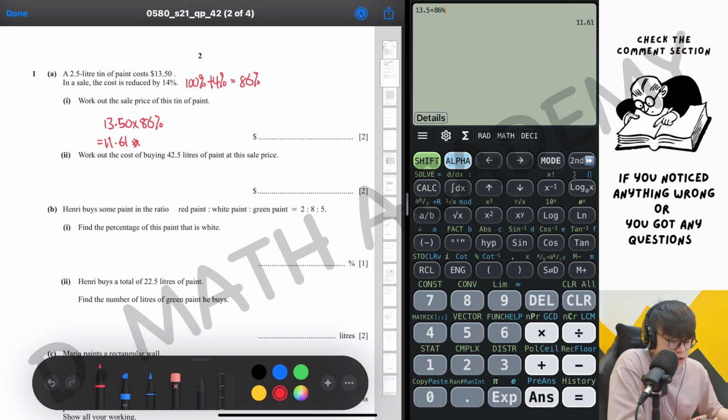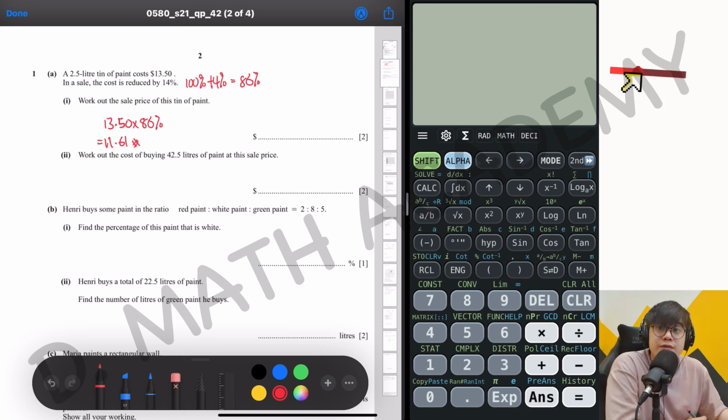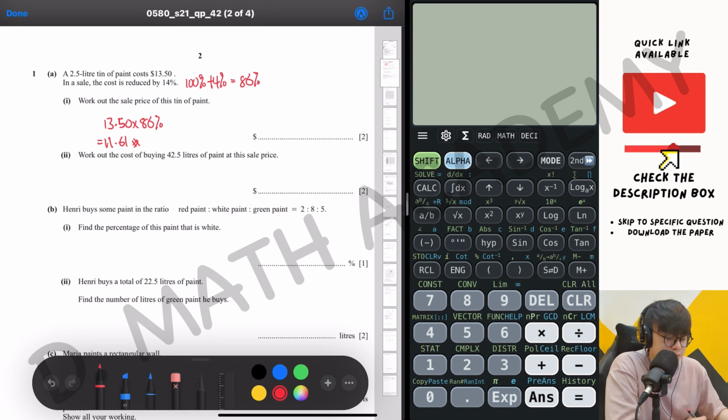So work out the cost of buying 42.5 liters of paint at this sales price. Things to take note is that with the current 11.61, you are now required to identify the cost of buying 42.5 liters of paint. First thing first that I'm going to do is to check how many tins of 2.5 liters paint I need.